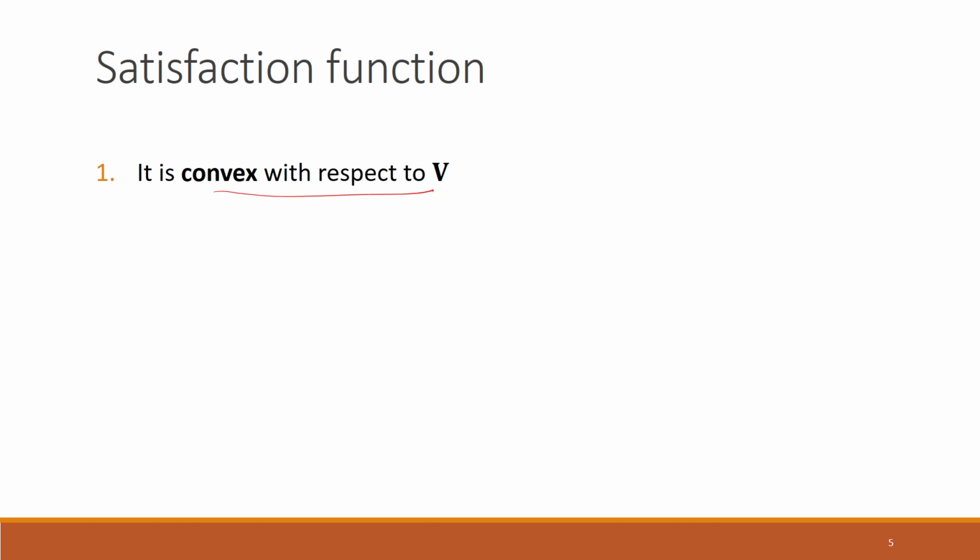So, it is not very difficult to derive this property. Since we have seen that the satisfaction function can be written as a function of the expected utilities, as we saw in the last slide, this property can be derived. But for the sake of time, we will not be discussing that.